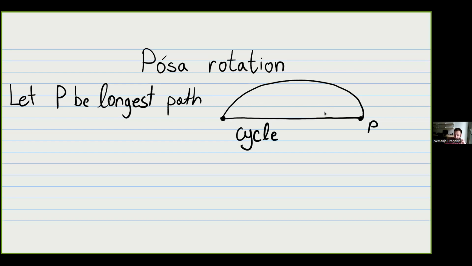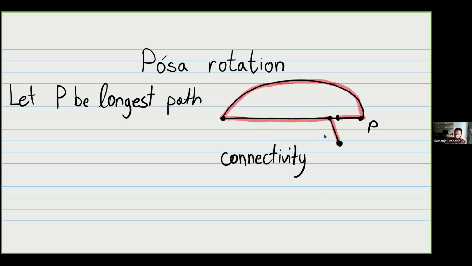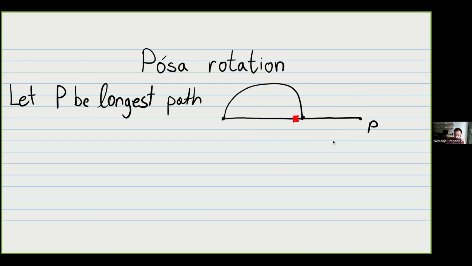Why? Because then you would get a cycle, and if the graph is connected, then there's a vertex which has a neighbor on the cycle, and then you would have a longer path like this. So you would extend it by one. So all the neighbors are somewhere in the interior of the path.